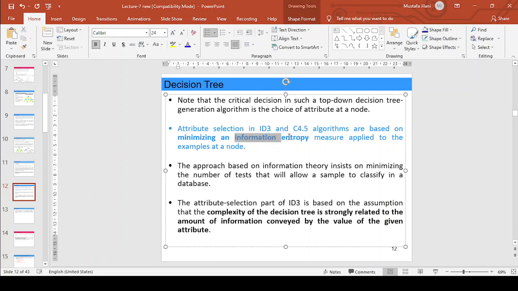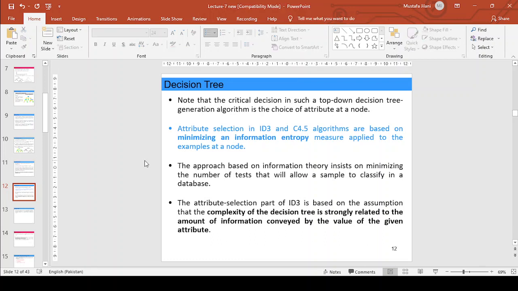What is information entropy? It is a formula used in signal processing, coming from information theory, from mathematics. If we have multiple variables, we want to include only the variable that has the most impact on the overall entropy.